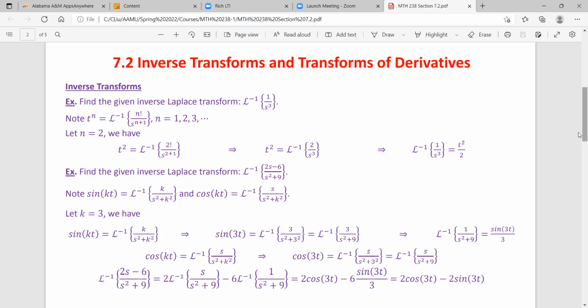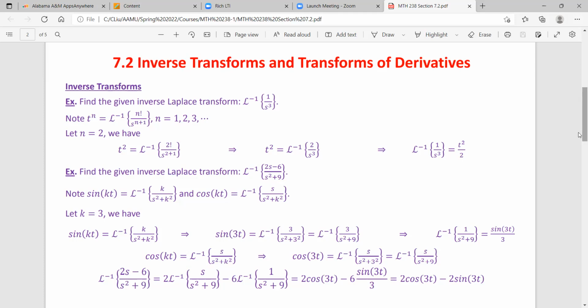Okay, so you can see, you have matched the problem with the formulas. So the formula says s squared plus k squared in the denominator. So you have to rewrite 9 as 3 squared. And then you let k equal to 3.